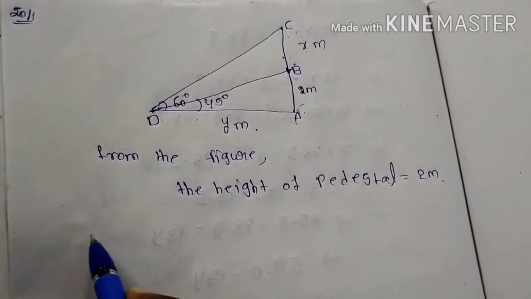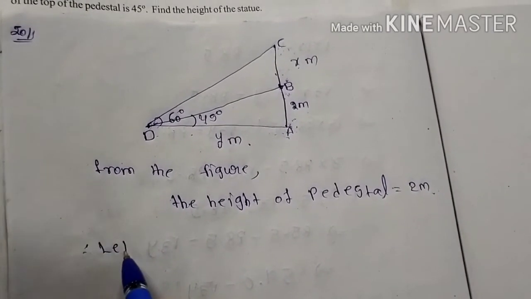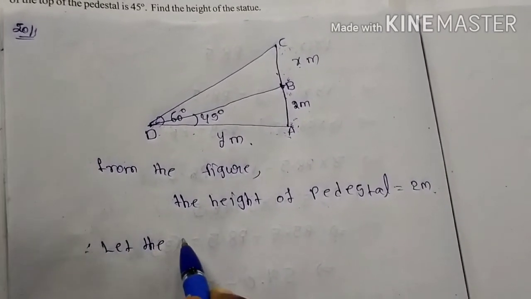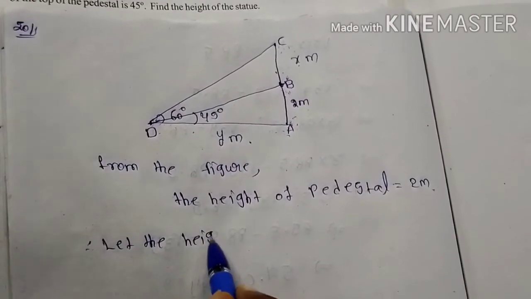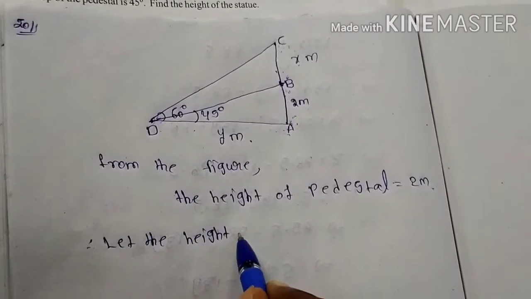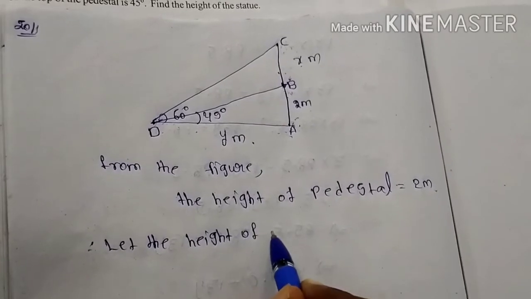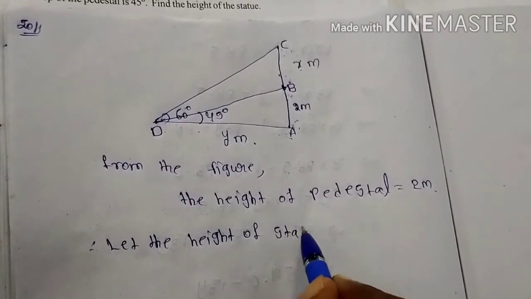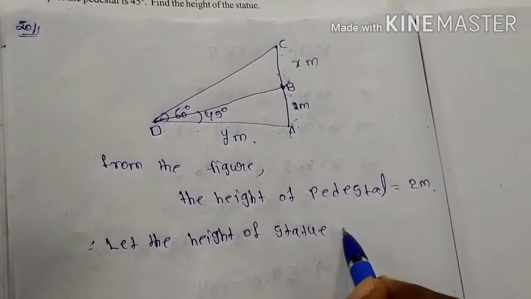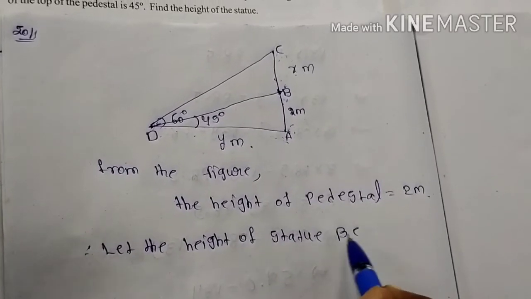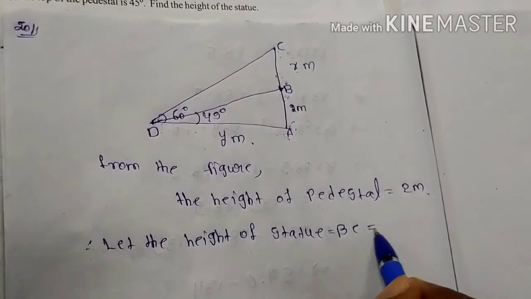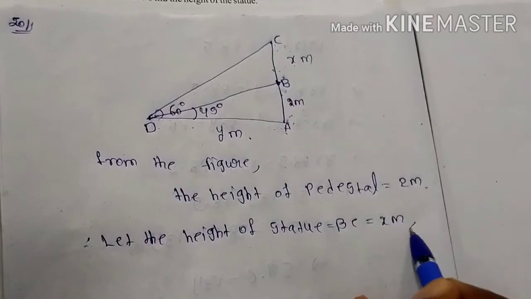Next, let the height of the statue BC be equal to X meters.